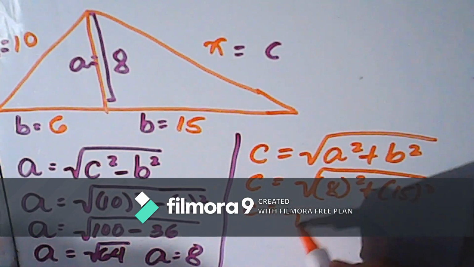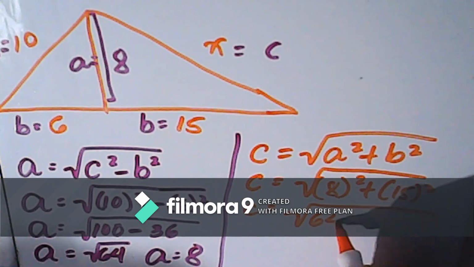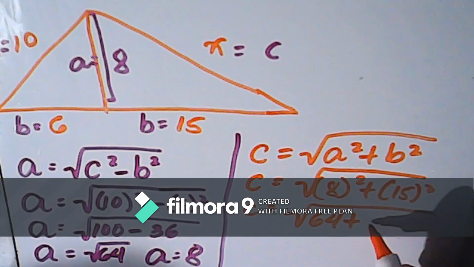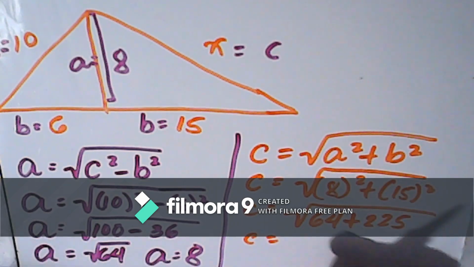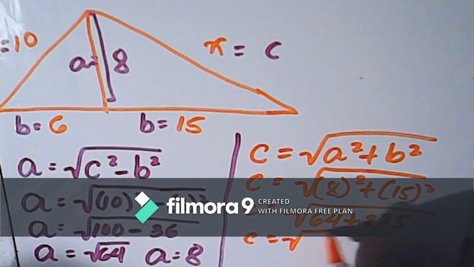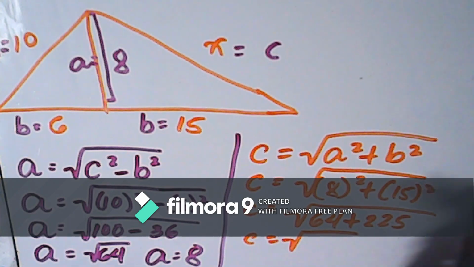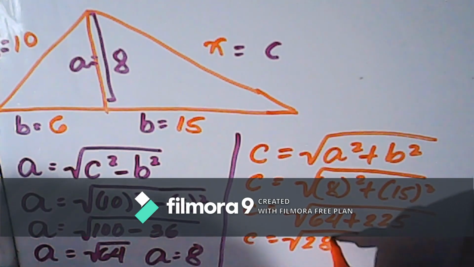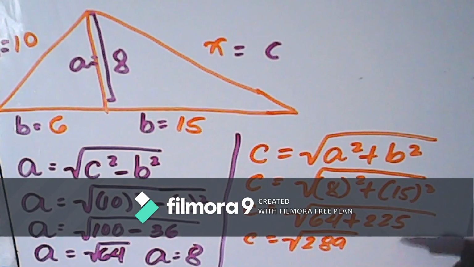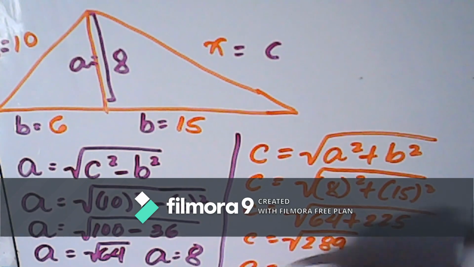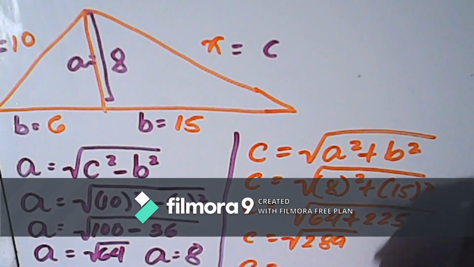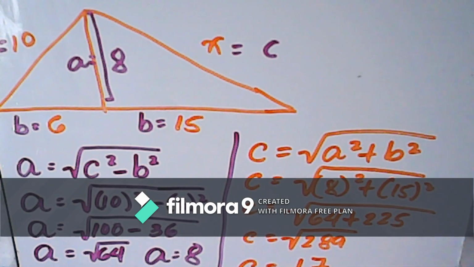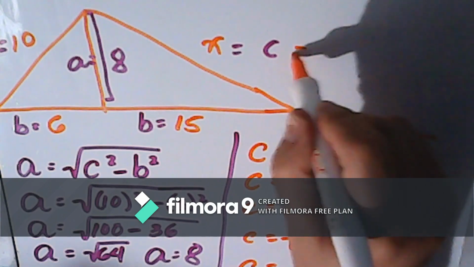C is equal to the square root of 64 plus 225. That is 289, and 289 is a perfect square. The square root of 289 is 17. So C is 17, therefore x is equal to 17.